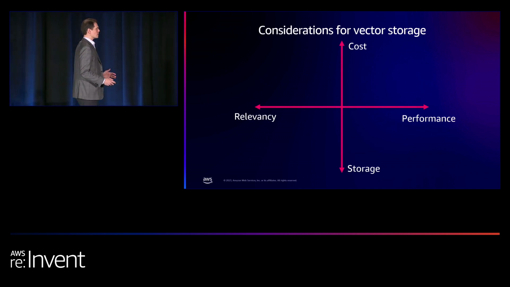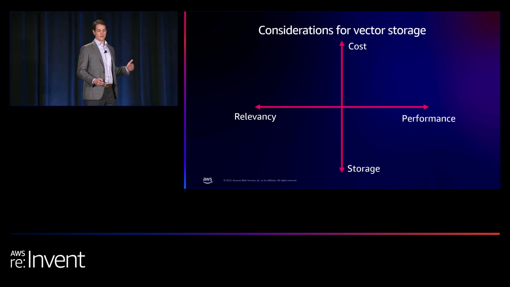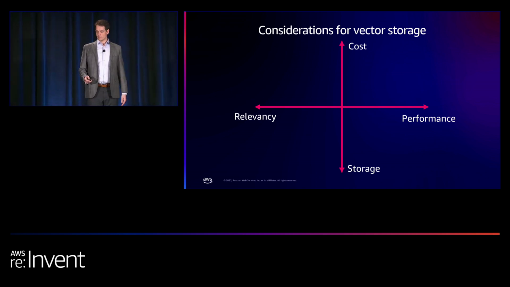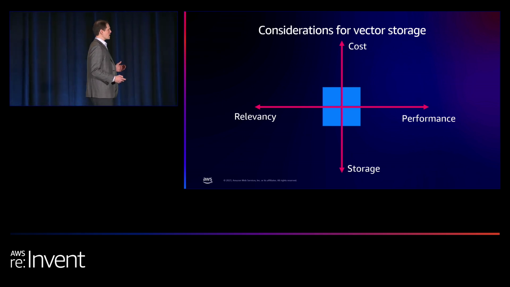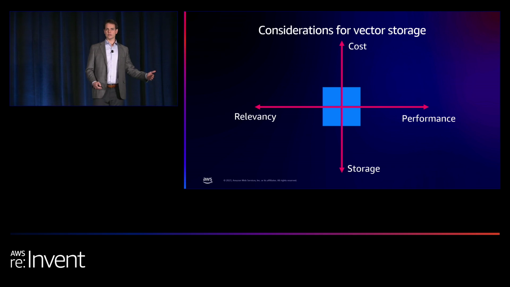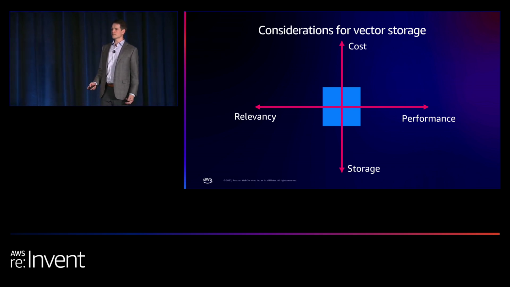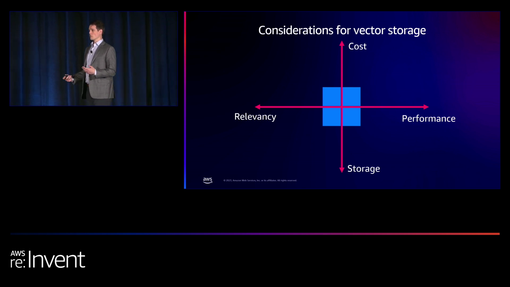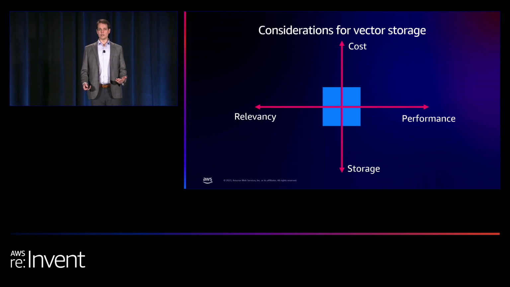I talked about earlier the trade-off between the speed and the relevancy or accuracy of the results. From a storage perspective, you can store vector embeddings in things like Amazon S3, our object storage, or in block storage like Amazon EBS, or in a database: Aurora, OpenSearch, or the in-memory database that we offer, MemoryDB. Typically, the faster the underlying storage is, the more expensive it's going to be.